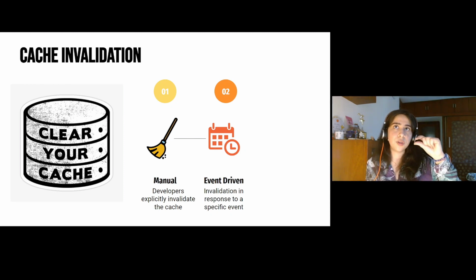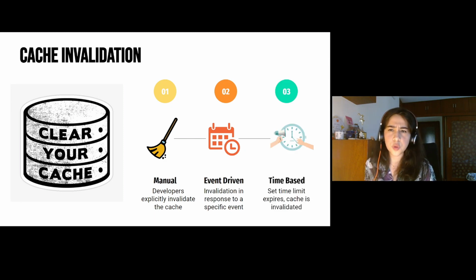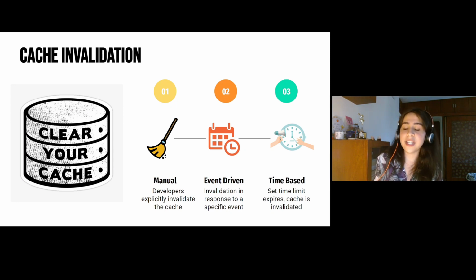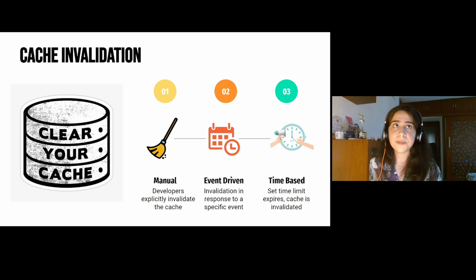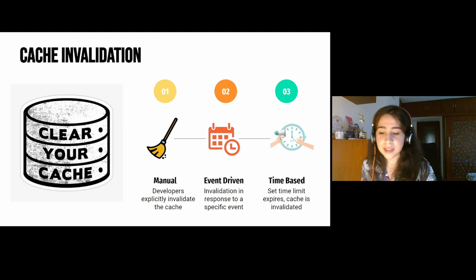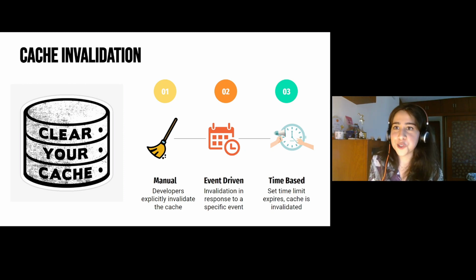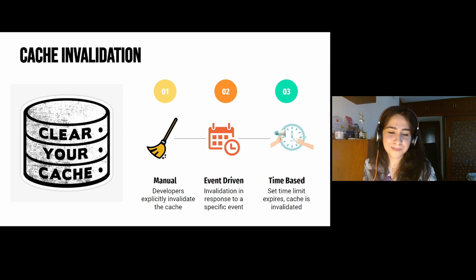For example, a particular value A changed in the database and now you also want to update that in the cache. Third is time-based. That is, I think, the most frequently used one, that you set a time limit after which all the entries in your cache expire and fresh data is fetched from your database, just refreshing the cache. And trust me, this is one of the hardest problems to deal with when designing systems, that when and what should be your cache invalidation strategy.